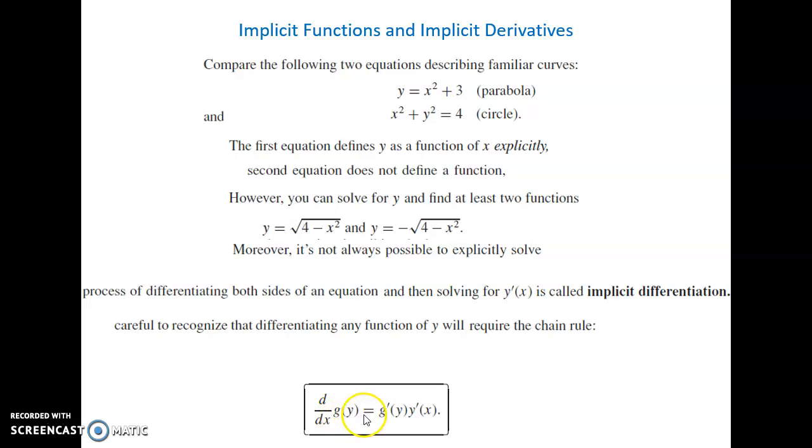The derivative of g is g prime of y, then the derivative of y is y prime of x. This is what you call the chain rule, which we are using. So the chain rule will be used in implicit differentiation for the implicit function whenever we are differentiating any function containing y. Otherwise, no.